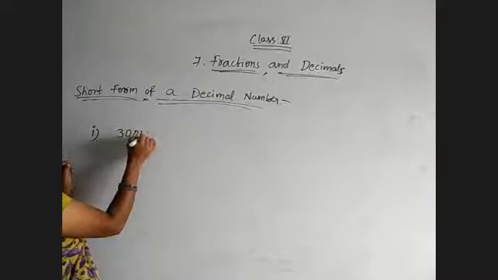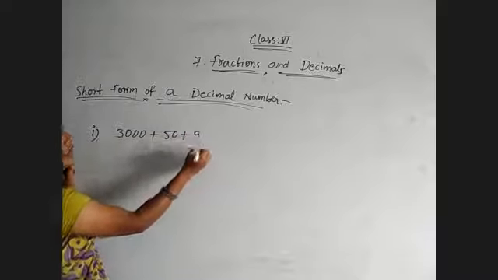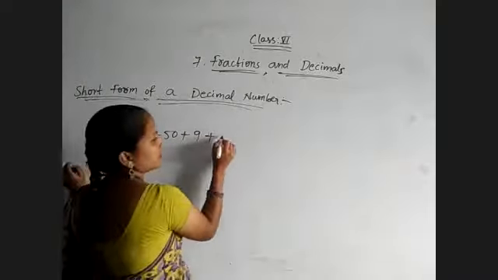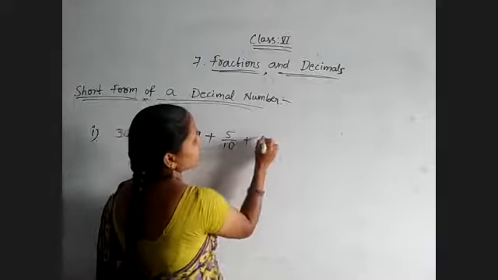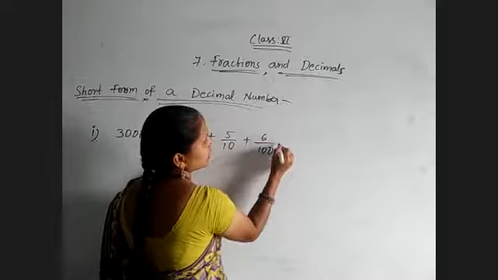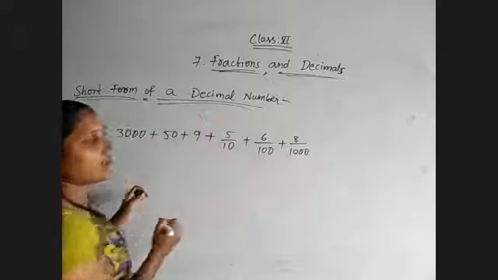Say 3000 plus 50 plus 9 plus 5 by 10, 6 by 100, 8 by 1000. Like this, I have one number.